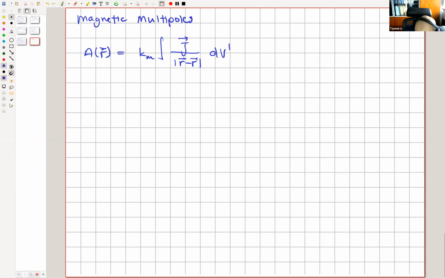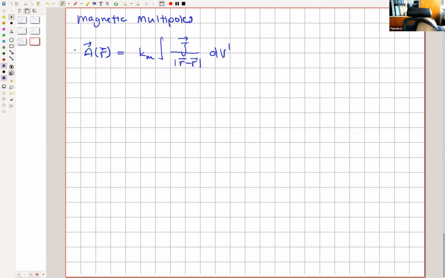Okay, and so we can do the same thing for the vector potential. Now, just looking at this form, we can start noticing a few things. Okay, actually, let me write this in a slightly easier to parse form.